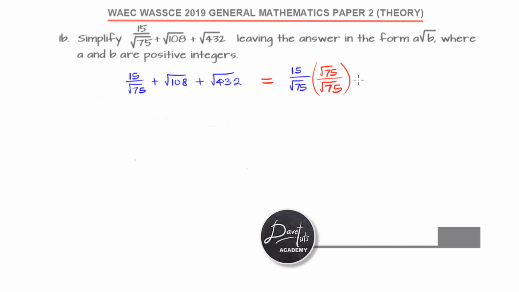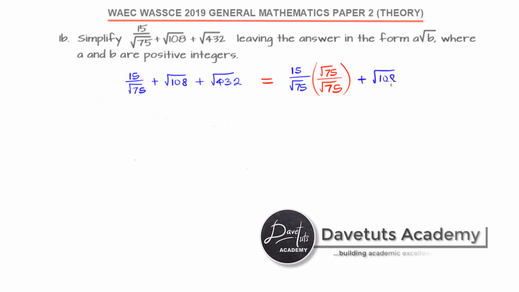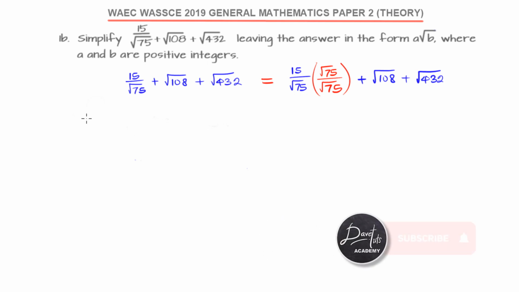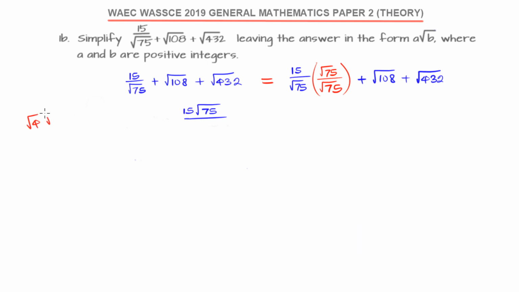This expression is going to be the same as 15 over root 75 multiplied by root 75 over root 75. Now, here, I just want to simplify this. If you look at root 75 over root 75, it's as if I'm multiplying by 1, and any number multiplied by 1 is not having effect on it. So it's not as if I'm changing anything. But this will help me to knock out the surd at the denominator of this particular expression. Like here, we're having root 75 times root 75. If we have root 4 times root 4, we know that will give us 2 times 2, which is 4.